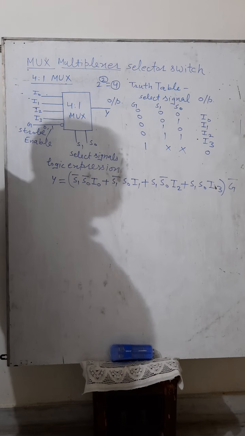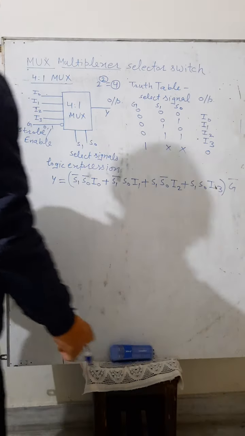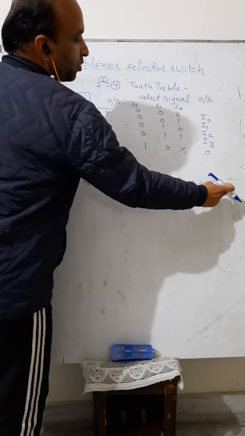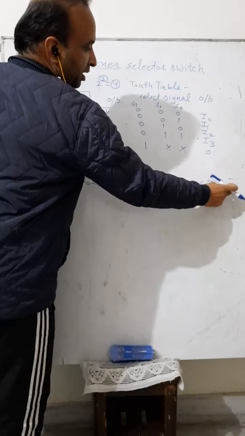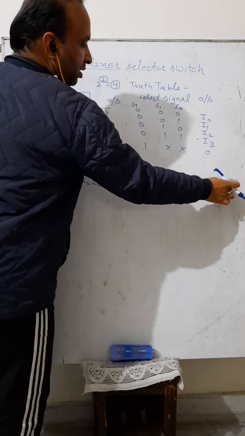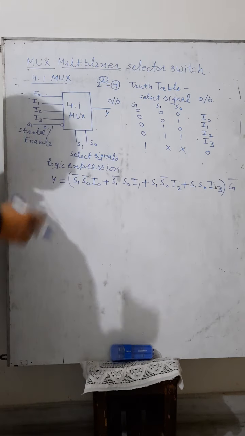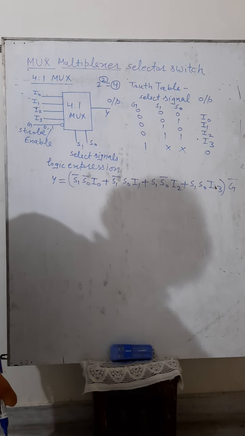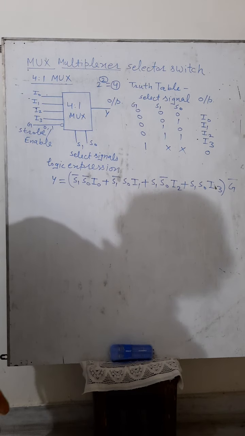If we put 0 in the place of G, then 0 bar means 1, so the SOP terms will have a significant role. So this will be the logic expression of the 4:1 multiplexer.